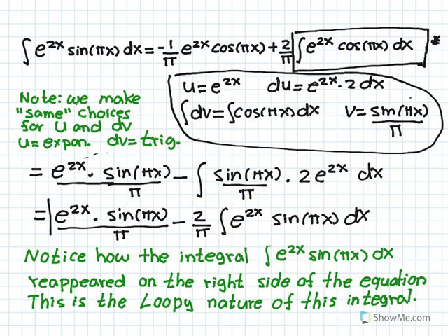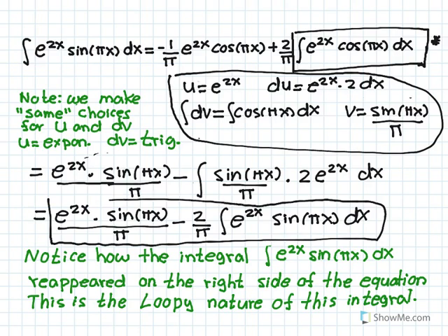So let's put all of this in the box, and all of this is going to get substituted back into this integral that we have here. Now notice how the integral e to the 2x sine pi x dx reappeared on the right-hand side of the equation. This is a loopy nature of this type of question, this type of integral.